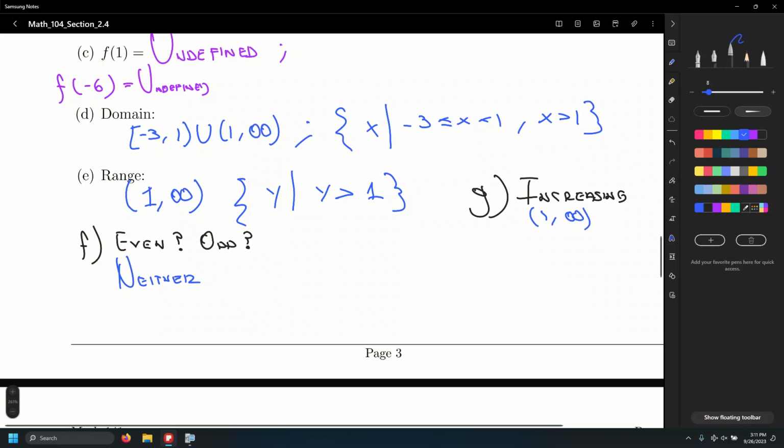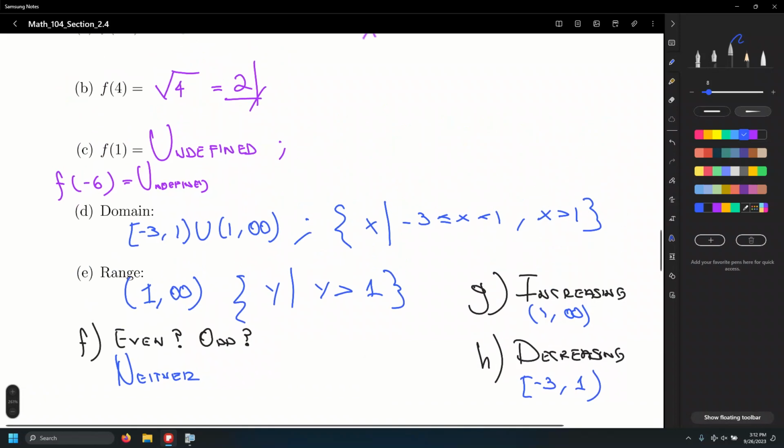How about decreasing? Bracket -3, 1 parenthesis, that's correct, all right? From -3 to 1, inclusive, exclusive, respectively. That is correct.